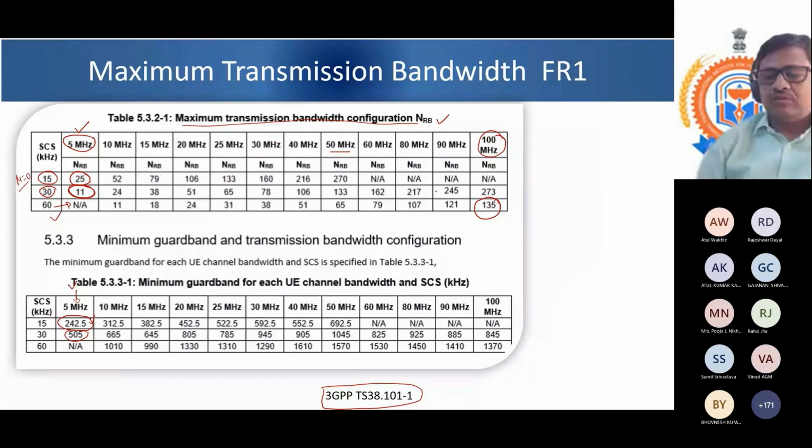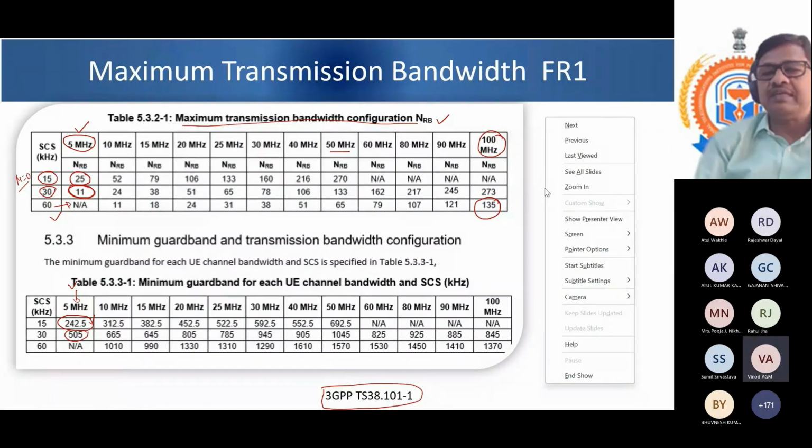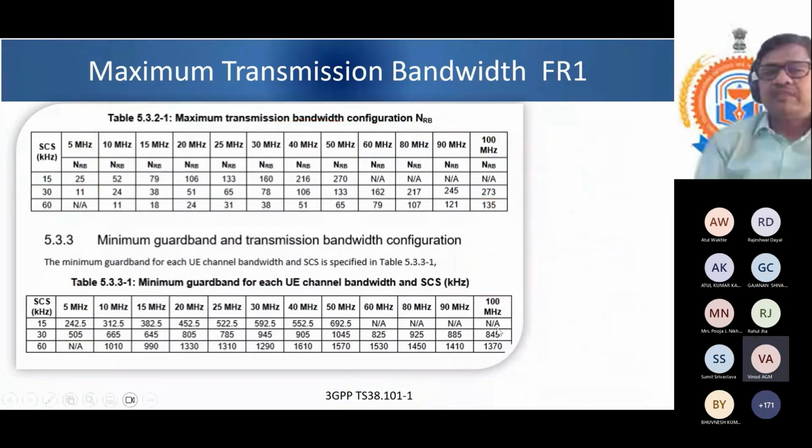So let us look at some important summary of this chart. Just look at that. 15 kilohertz sub-carrier spacing can be used up to only 50 megahertz channel bandwidth. Just see this correlation. 15 kilohertz sub-carrier can be used only up to 50 megahertz. Rest is given as not applicable.